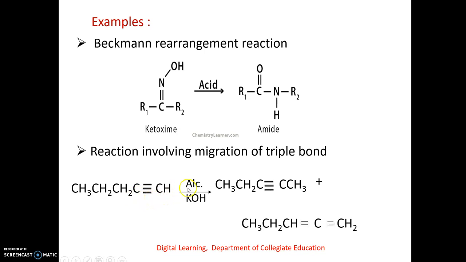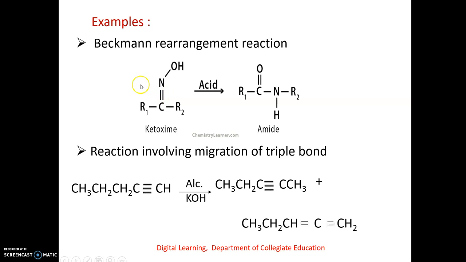When heated in the presence of alcoholic KOH, the triple bond which was between the first and the second carbon atom gets shifted, or migrates, between the second and the third carbon atom. So in this reaction, we are looking at a rearrangement which involves the migration of a triple bond.